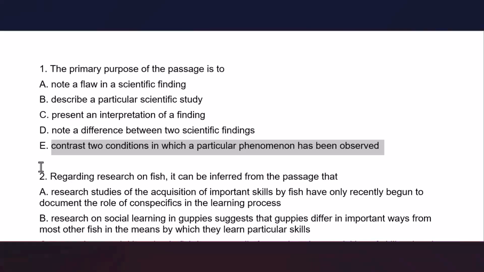And the conclusion is that the social learning of guppies is reduced when they are reared in a high density society in comparison with the case that they are reared in a low density society.